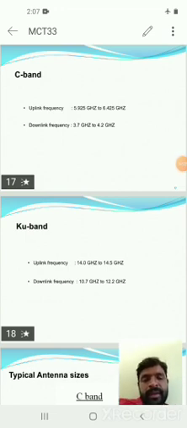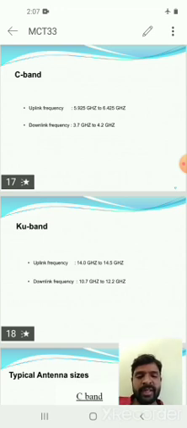In this way, C-band has uplink frequency 6 GHz and downlink frequency 4 GHz, while Ku band has uplink frequency 14 GHz and downlink frequency 12 GHz.